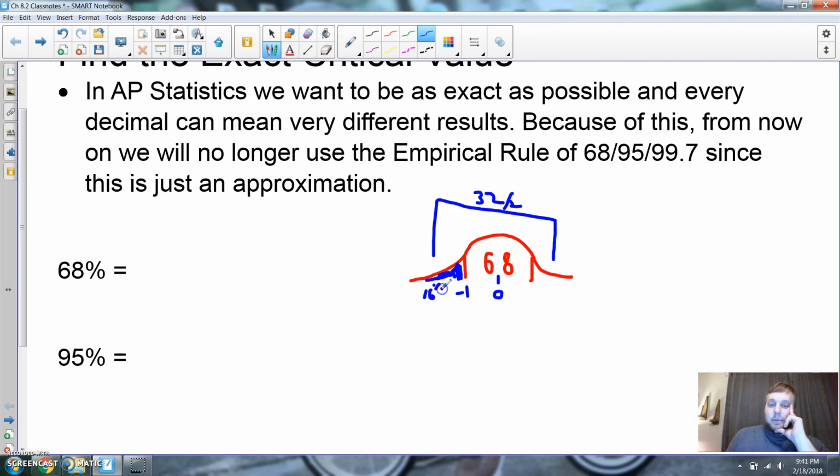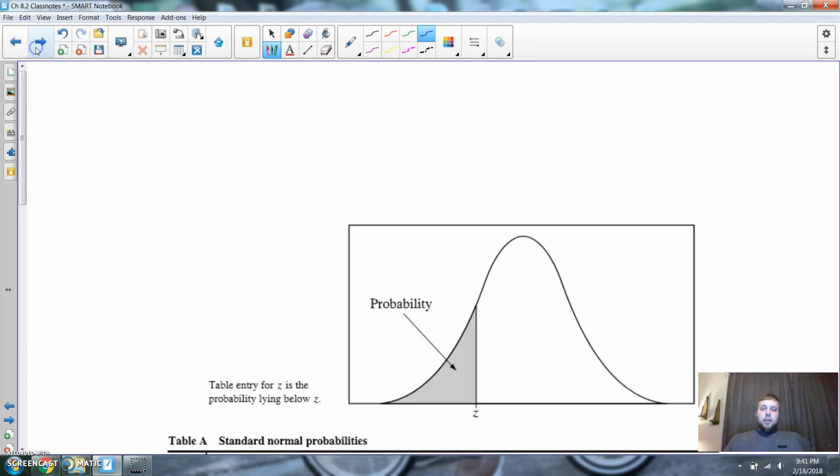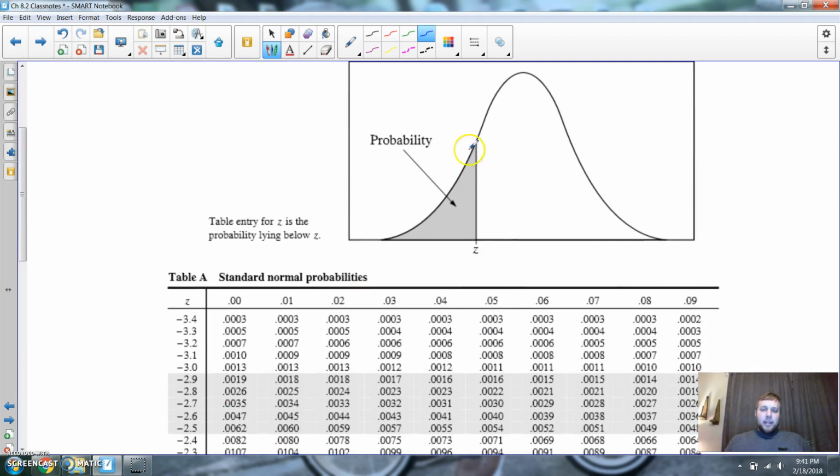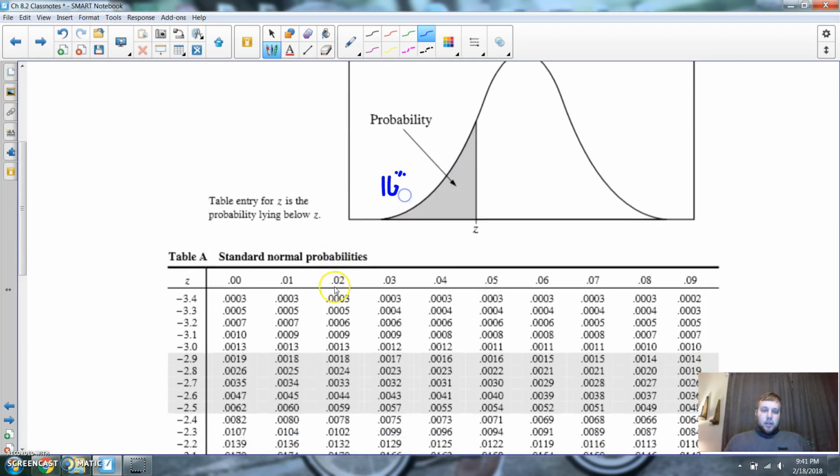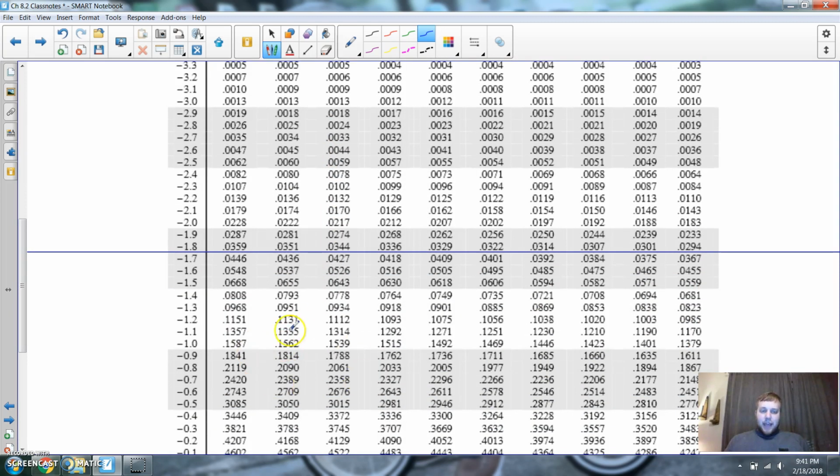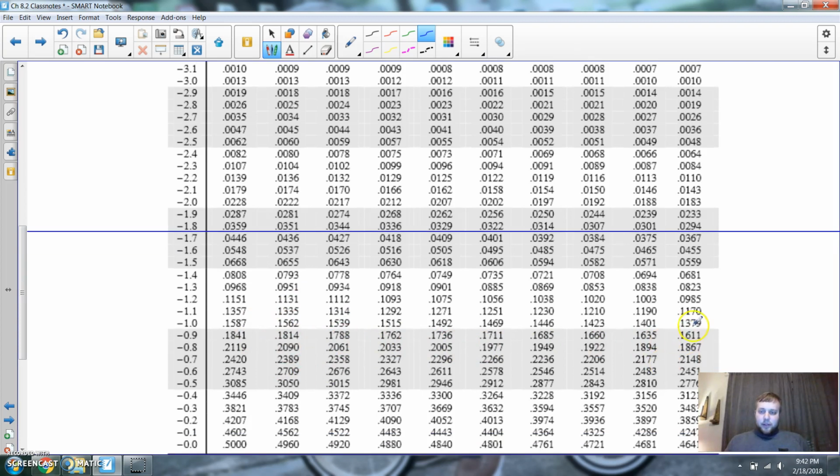So 16% must be on this end, so I can look this up on the chart. Basically, I'm looking for when this is at 16%. I'm going to scavenge and try to figure out where 16% is. Well, it looks like it's between here and here.